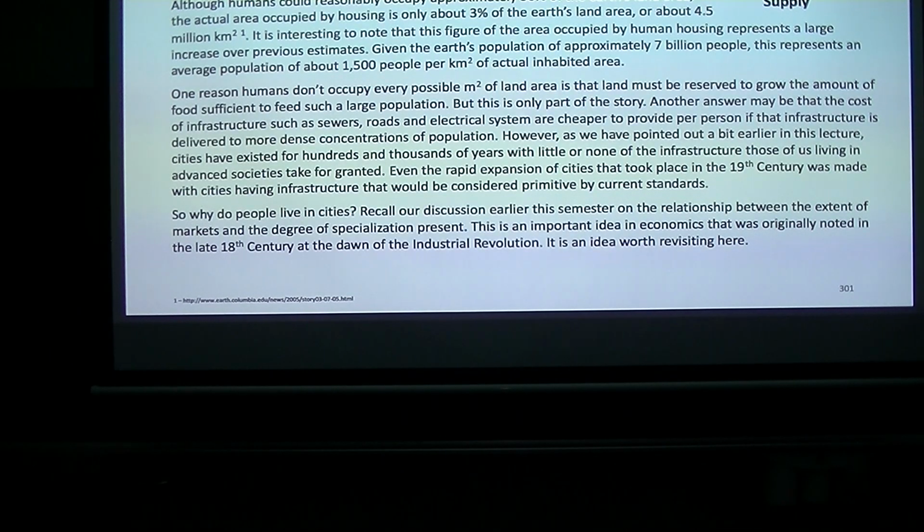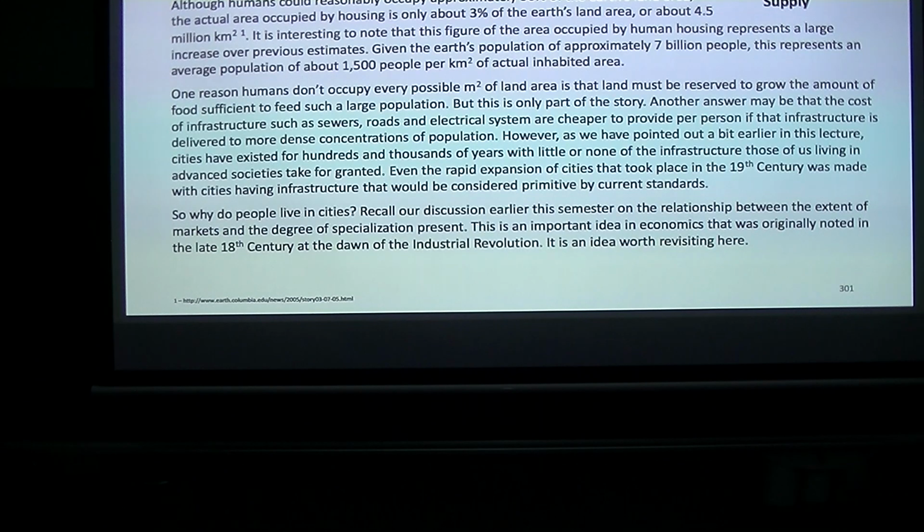About 3% of the total land area is occupied by housing, or about 4.5 million square kilometers. This is a large increase over previous estimates. Now we're able to estimate more clearly because we have the satellite photos.